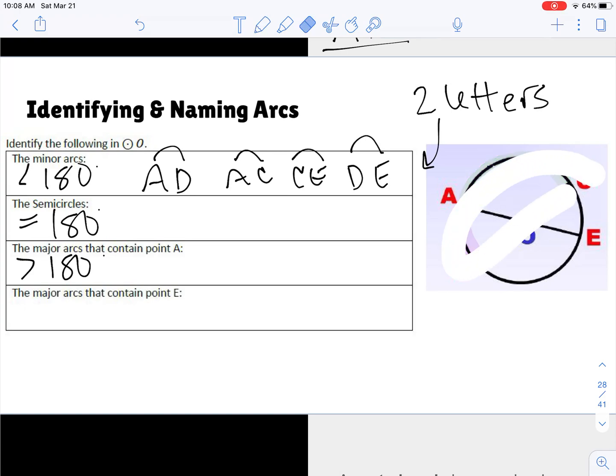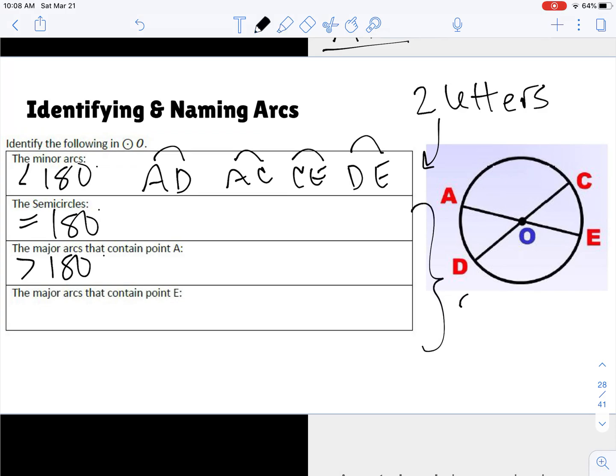Right, so endpoints, and then an arc on top. Talking about semicircles and major arcs, we name them a little bit differently. In these problems, if it's a semicircle or major arc, we need three letters. Okay, and I'll explain to you why. So a semicircle is a half a circle. I see one from D to C. That is a semicircle.